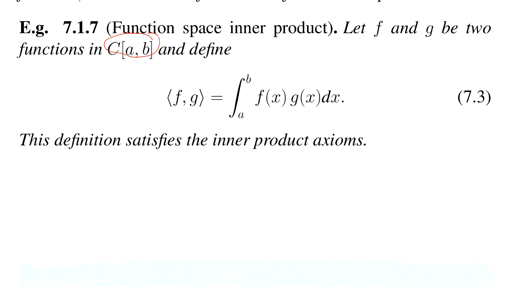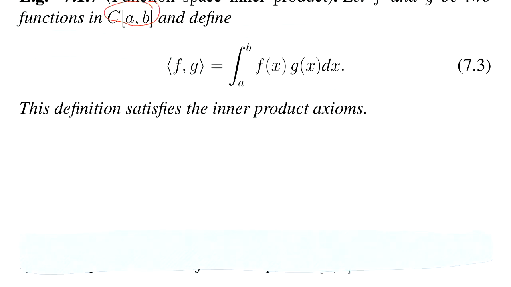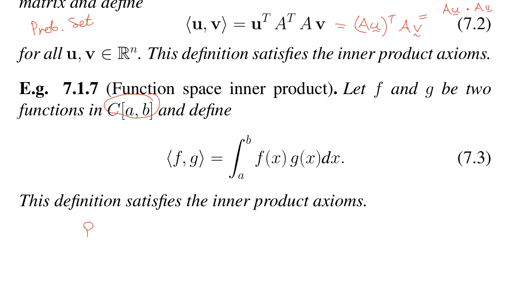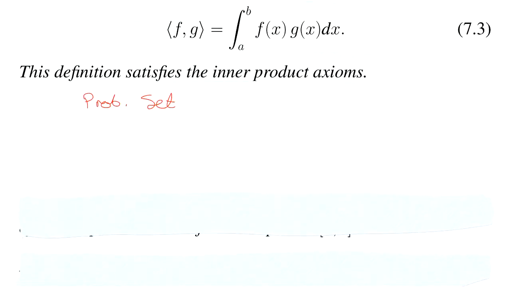Okay? This is the sort of standard canonical inner product that you would put on a function space. And you can prove that this thing satisfies all of the axioms, so it is actually an inner product, and you can do that on the problem set. Exactly the same steps that we did in the previous example, but you just have to translate it to this setting.